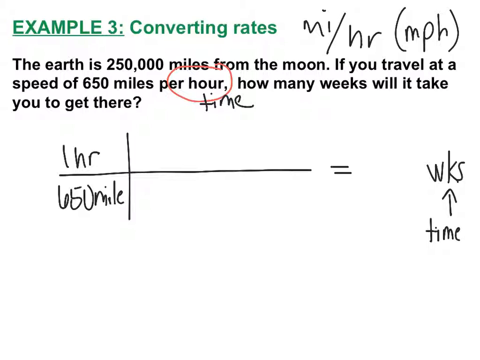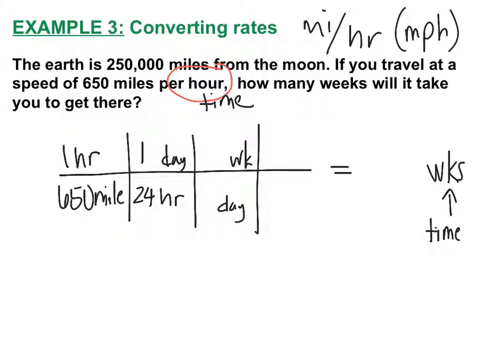I want it in a measurement of weeks. So we have to jump from hours to weeks. So how many hours are in one day? You should know that. So 24 hours in one day. And how many days are in a week.